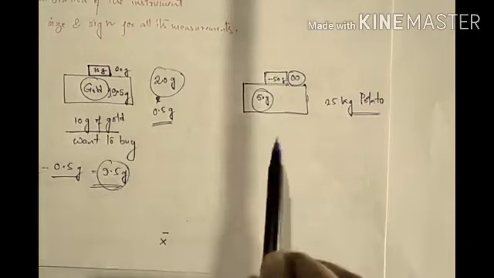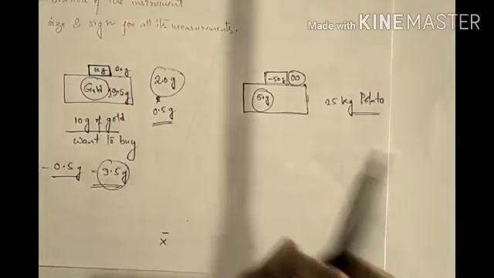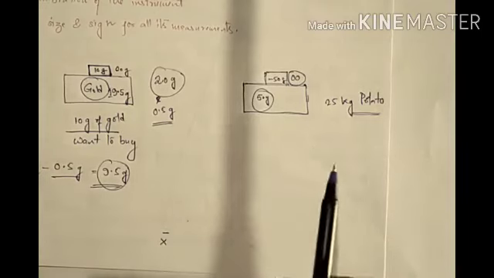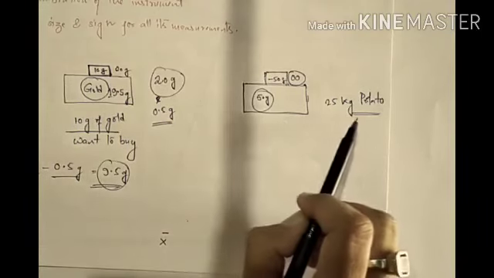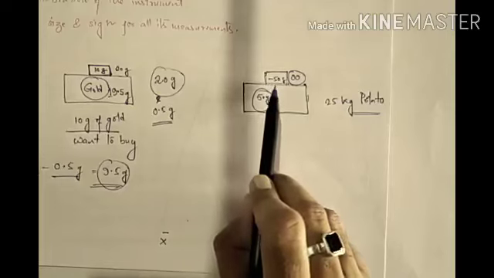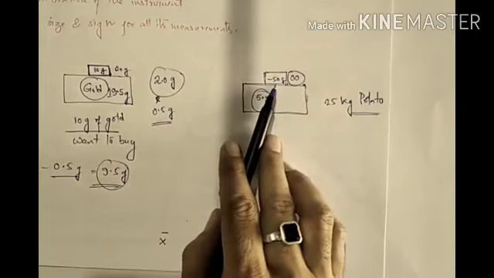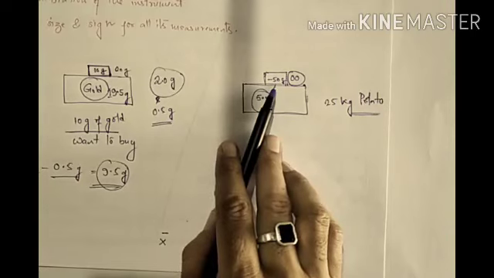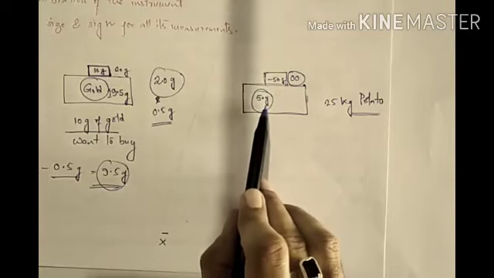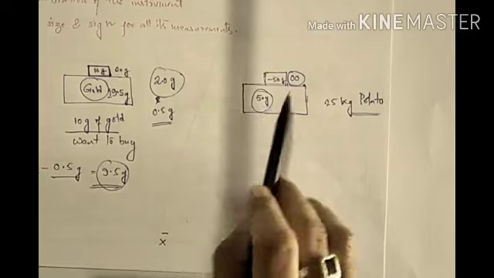If it shows minus 50, maybe as a customer you will not say anything, but the shopkeeper will not allow you to make the measurement with minus 50 gram. So if the machine shows minus 50 gram, then you need to add an extra 50 gram to make it 00.